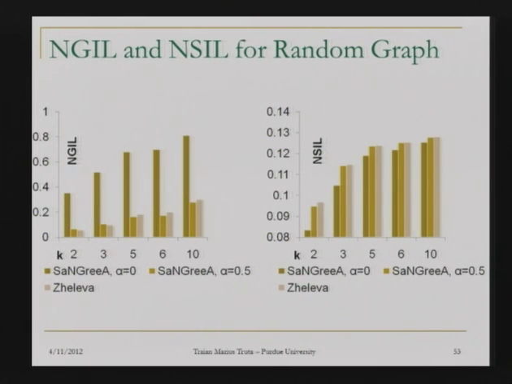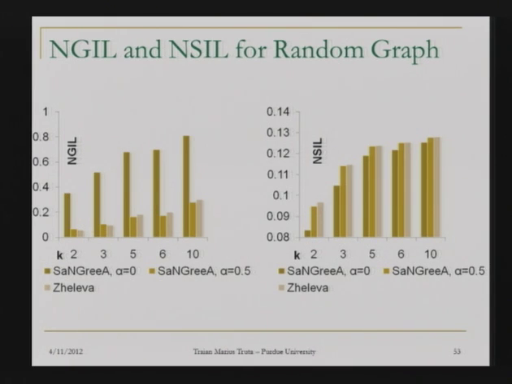Now, the results are as we expected. We run results for various values of k. As you can see, when alpha is equal 0 versus alpha equal 1 or Zheleva, NGL is higher for alpha equal 0 than for alpha equal 1, just because we do not use NGL in alpha equal 0, only when we use alpha equal 1.